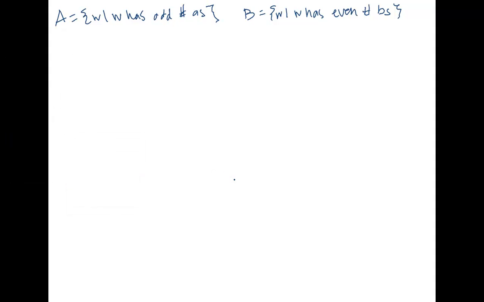So I have some machine MA such that the language of MA is A. Okay? That will be my proof that A is regular. And in just a second, we're going to make a machine MA that actually does accept A. And also, since I'm saying that B is regular, it must be the case that there's some machine MB such that the language of MB is B. Okay, and again, we're going to make a machine to do that.